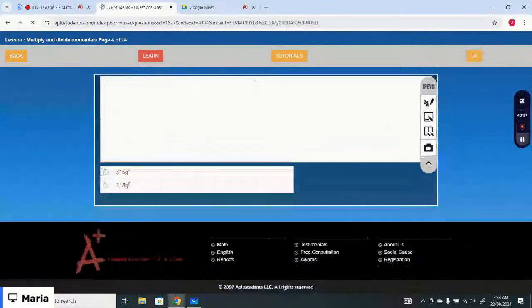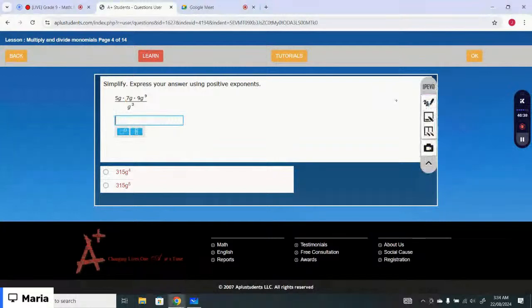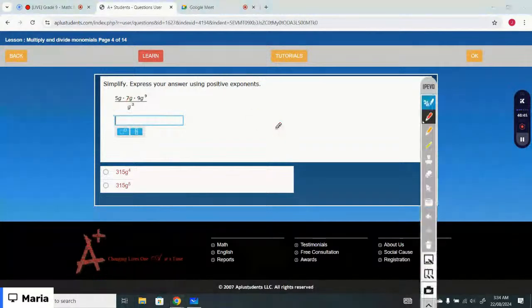The next one is simplify 5g^7 times 9g^9 divided by g^3. So which is the correct option? You have to multiply all the numbers in the numerator. 9 times 7 is 63, times 5 is 315. Now here you have g^7, g^9 and g^3.